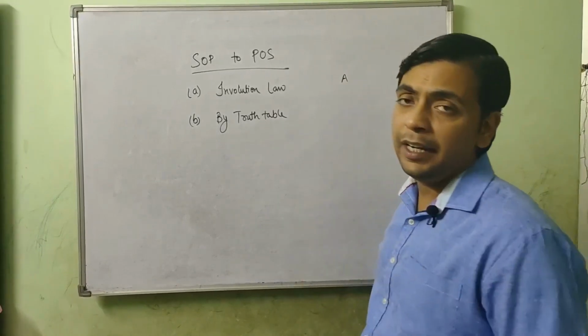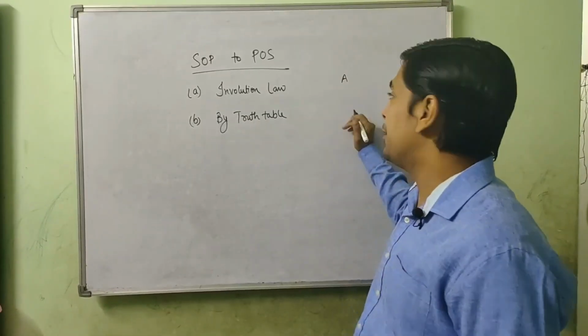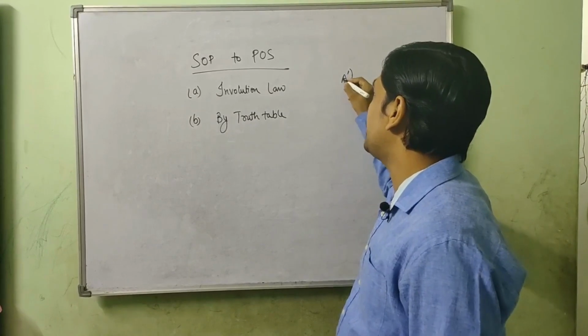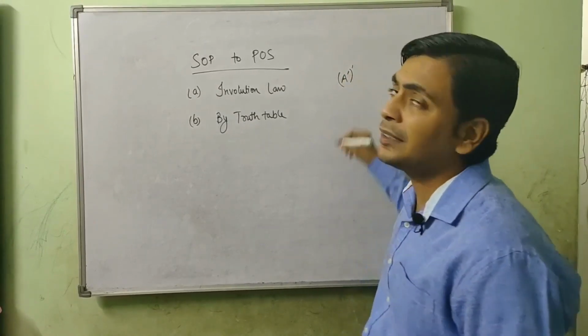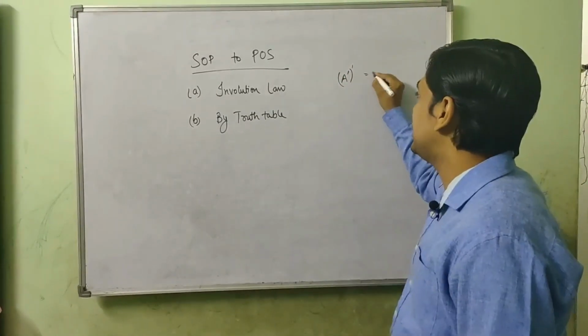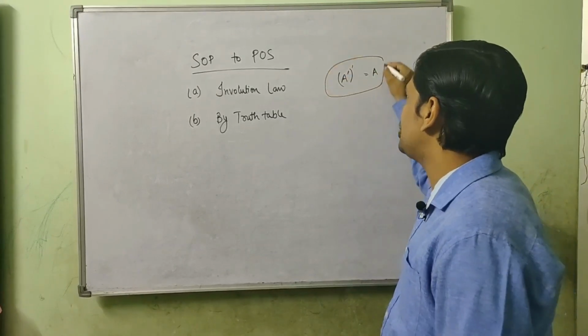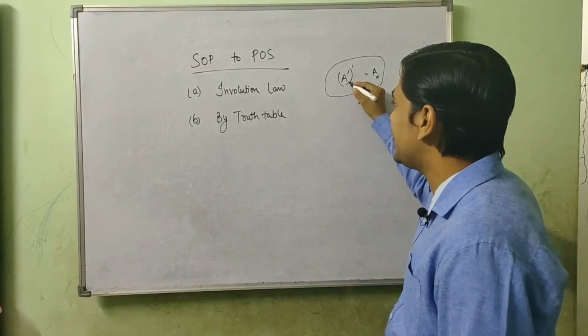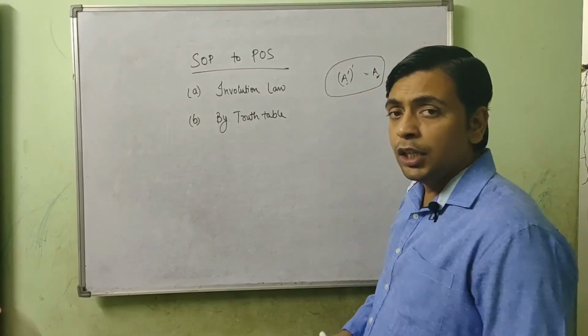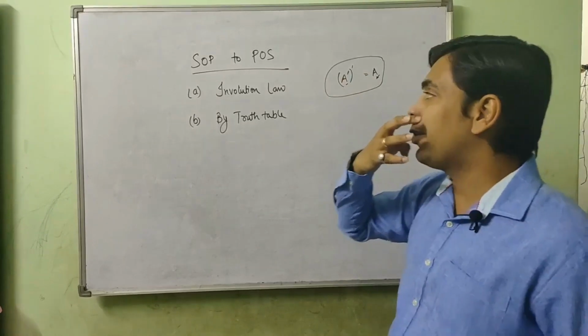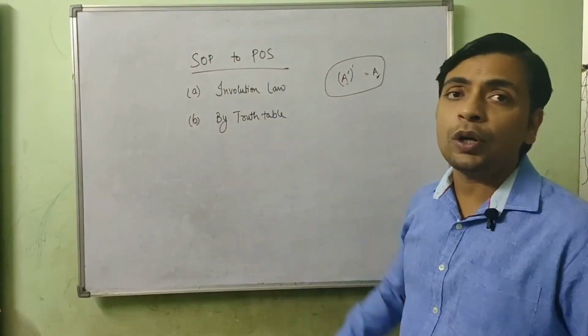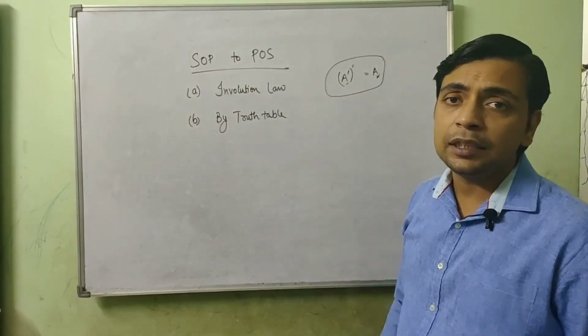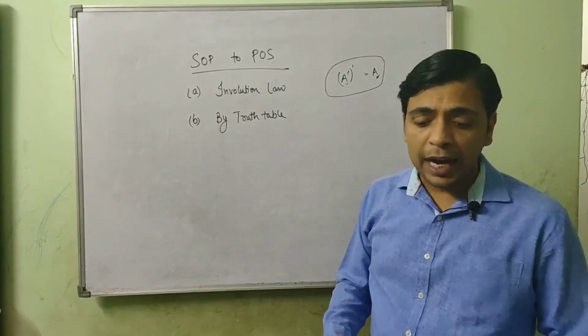If A is a Boolean variable and we complement it twice, that is A complement complement, it is actually A. That is the involution law. So to represent A, we can write it as A complement complement. That is what we are going to do to convert an SOP to a POS. Let's see how.